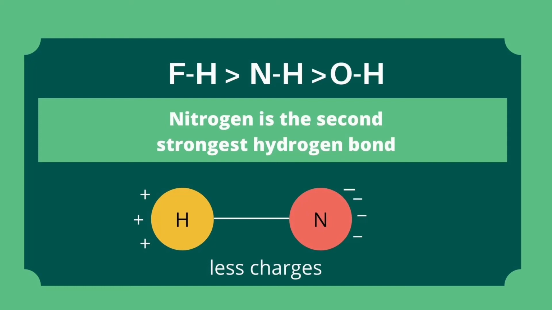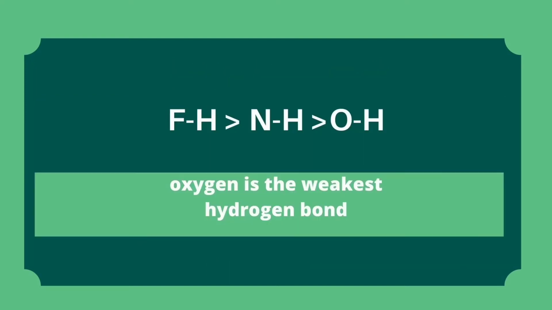There will be less positive charge on the hydrogens and less negative charge on the nitrogen. The attractions will therefore be weaker between the positive hydrogen and the lone pairs on nearby molecules. Lastly is oxygen. Oxygen is the least electronegative element of these three. Therefore, oxygen will form the weakest bond with hydrogen.